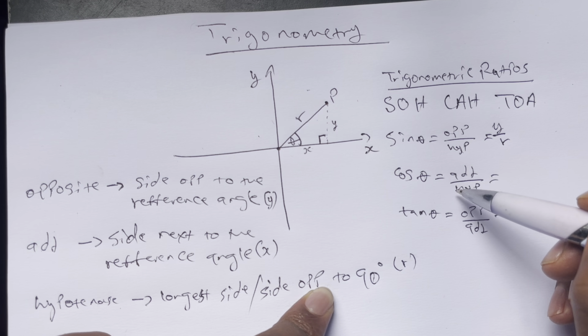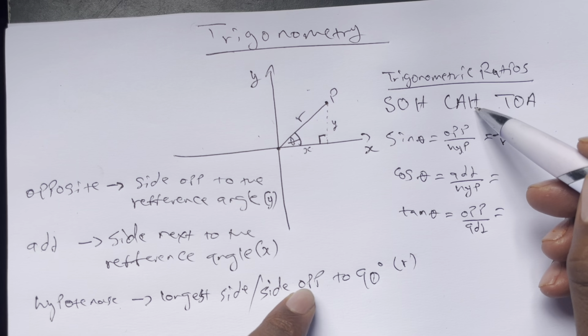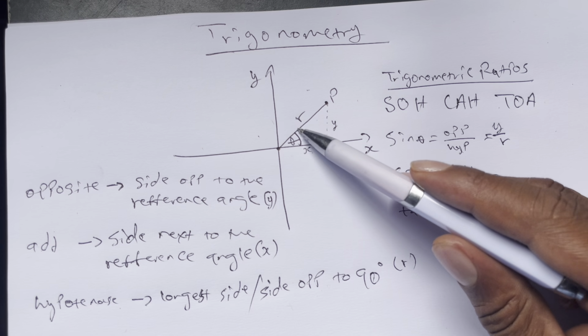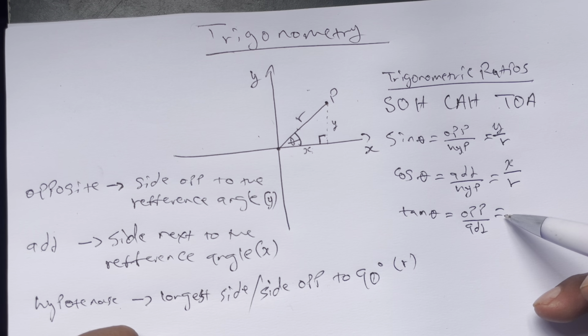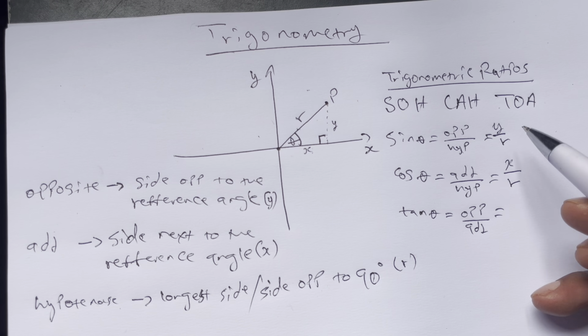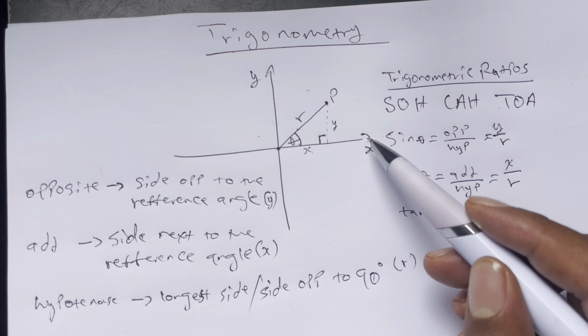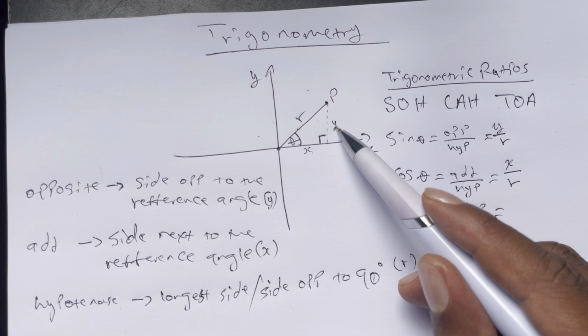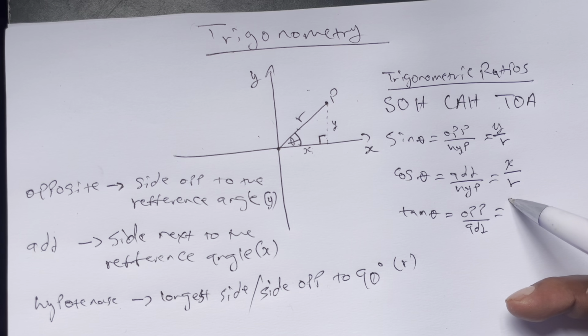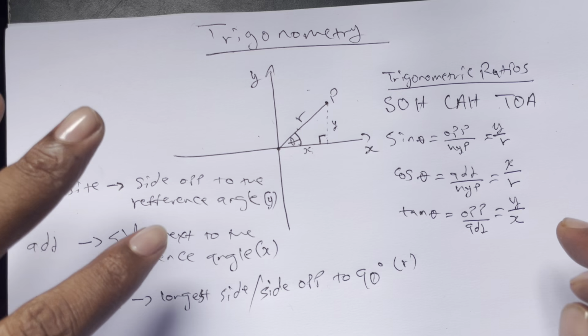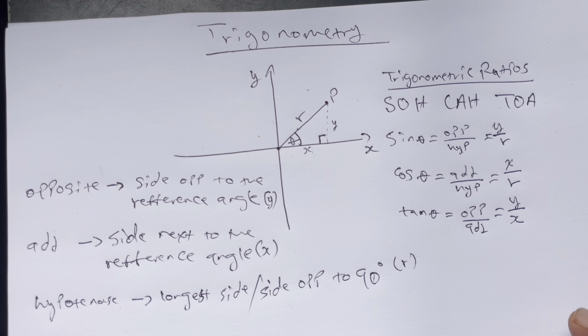The cos of theta is adjacent over hypotenuse, so x over r. The tangent of theta is opposite over adjacent. The opposite side is y and the adjacent side is x, so it becomes y over x. So these are the trigonometric ratios.